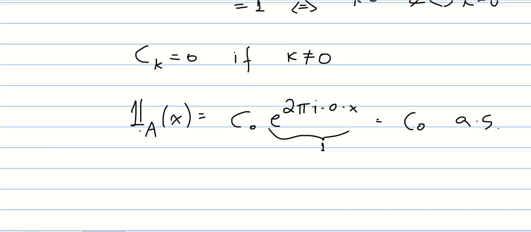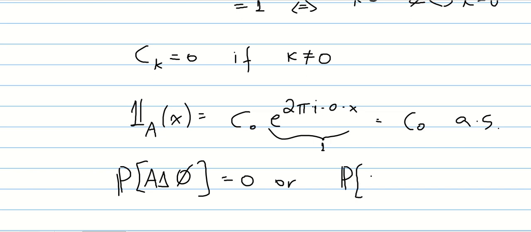So an indicator is 0 sometimes and it's 1 sometimes. If it's a constant almost surely, so A has to be equal to the empty set almost surely. So the probability of the symmetric difference with the empty set is 0, or A is the whole space almost surely.